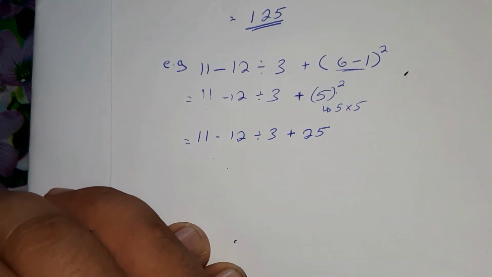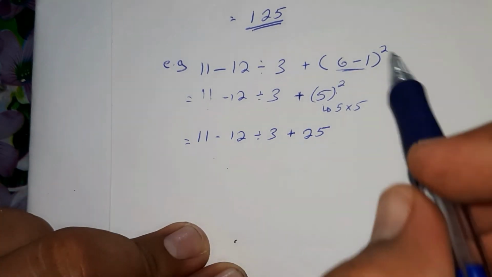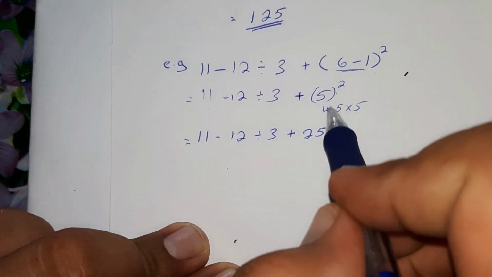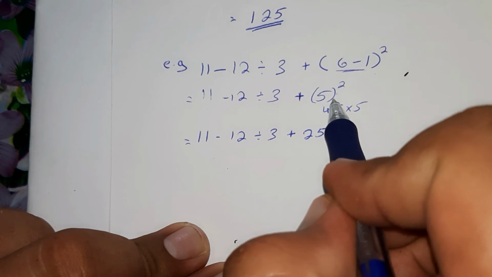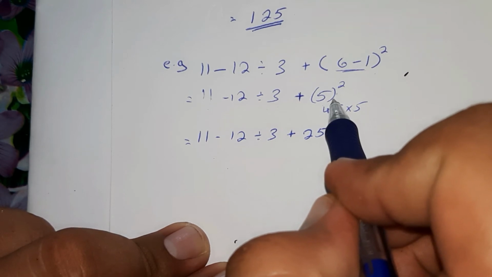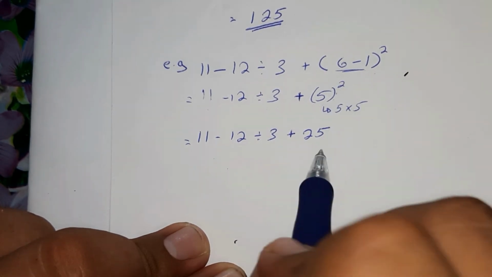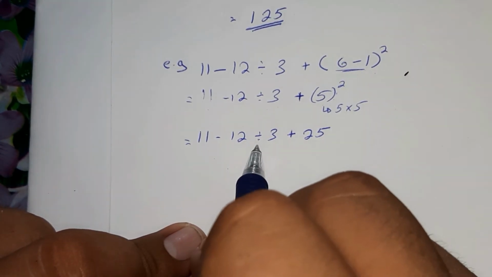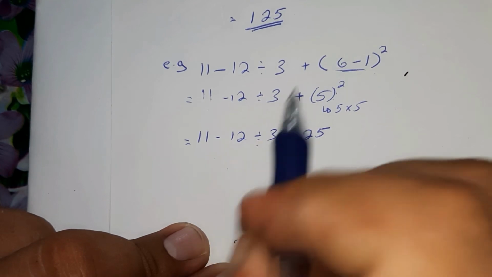All right? Now, BEDMAS says what follows. We've done brackets, we've done exponents, followed by BED. D follows, so that's going to be division. Do we have any division? Yes, right here. 12 divided by 3.